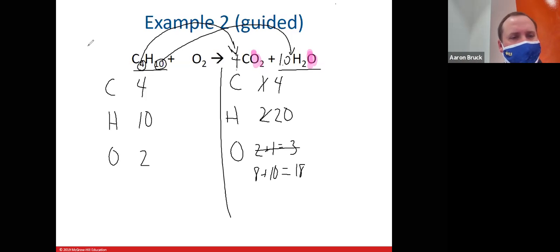It's not going to be even. So to balance this out, I've got the carbons figured out, at least for the moment. To balance out the hydrogens, I'm going to need 2 butanes. Those 2 butanes are going to mean I have 8 carbons and 20 hydrogens.